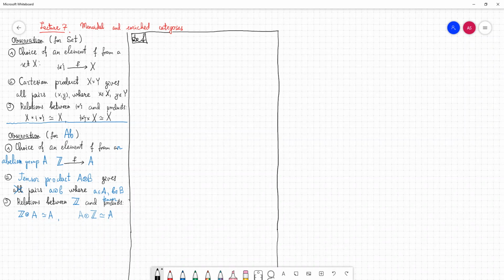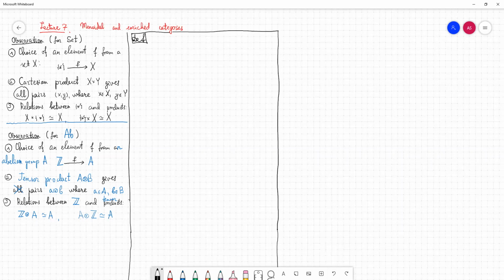The second observation is that the Cartesian product X × Y gives us all pairs (x, y), where x belongs to X and y belongs to Y. So the Cartesian product is a set of all pairs. And moreover, we have relations between our one-point set and the product. What are these relations?